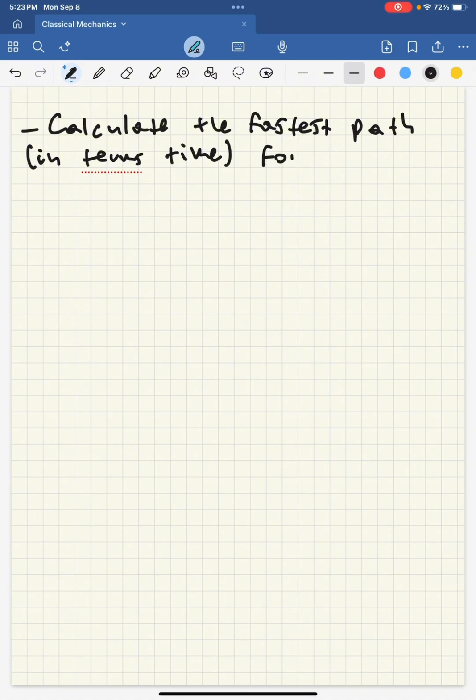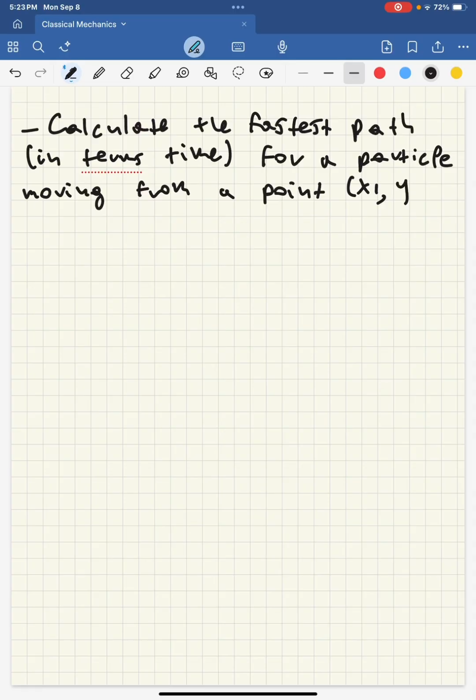For a particle moving from a point x1, y1 to a point x2, y2, which is lower in terms of the y1 coordinates, so at the lower height.